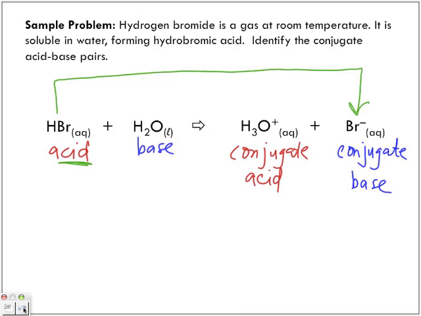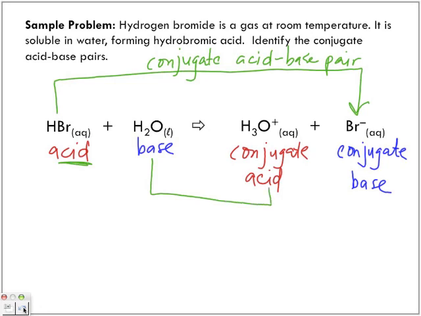So this is what we call the conjugate acid-base pair. The hydrobromic acid with the bromide ion are considered the conjugate acid-base pair. These two are conjugate acid-base pairs to one another.